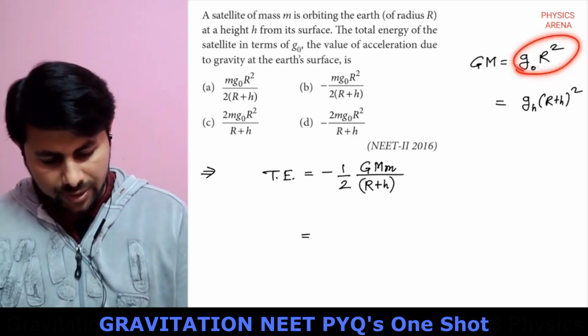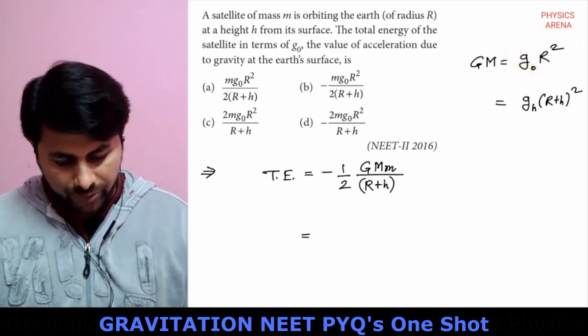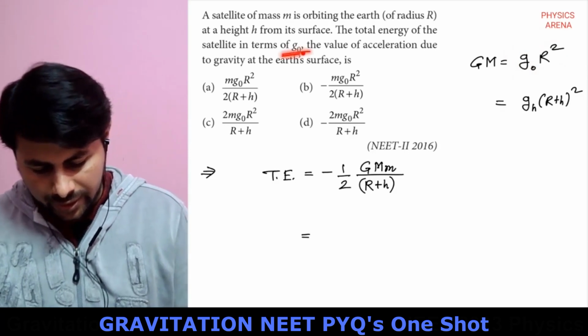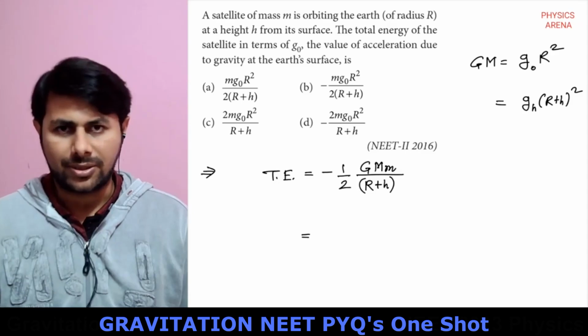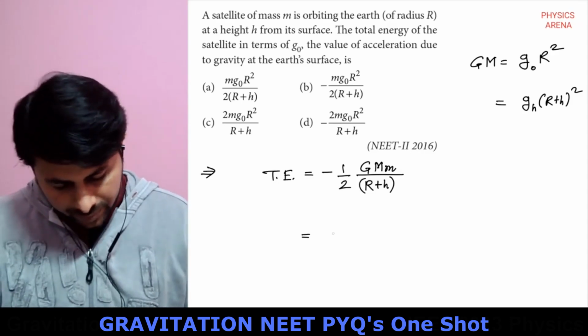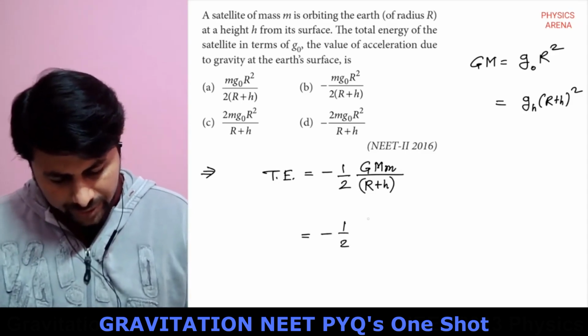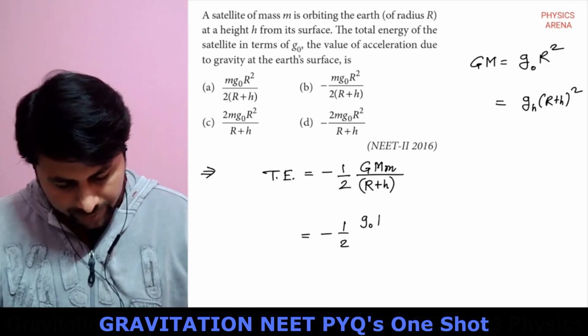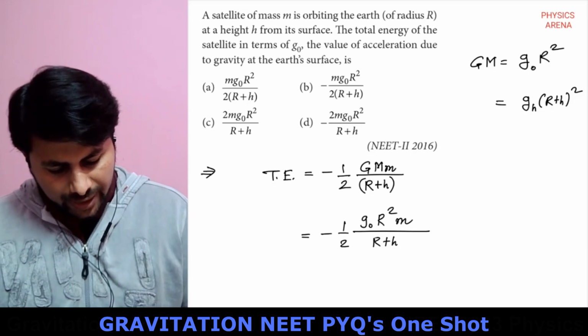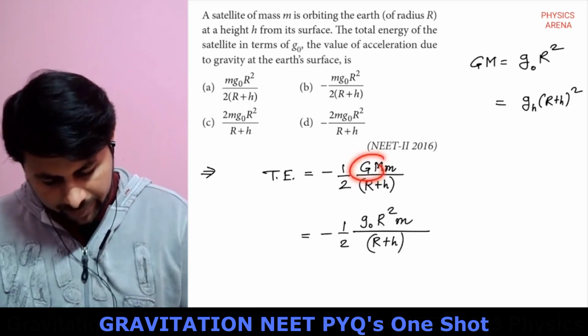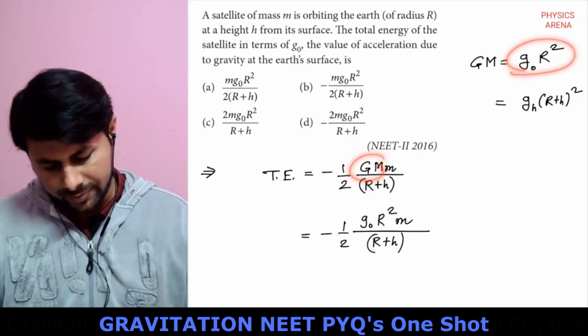Out of these two, this one is what we have to use because they are asking it in terms of acceleration due to gravity on Earth's surface. So it is minus half of GM, which is g0 multiplied by R squared, into m divided by R plus h. So in place of GM, I am substituting this.